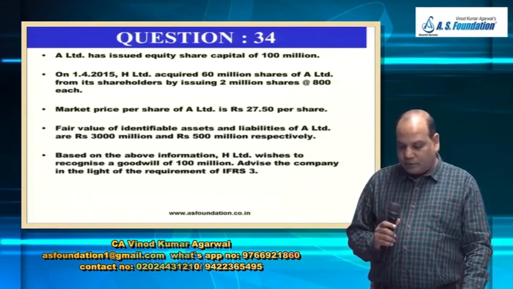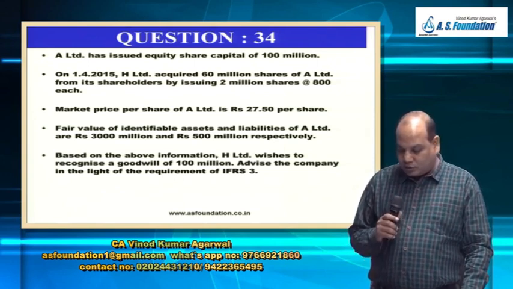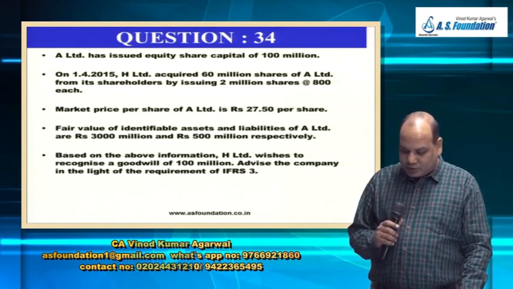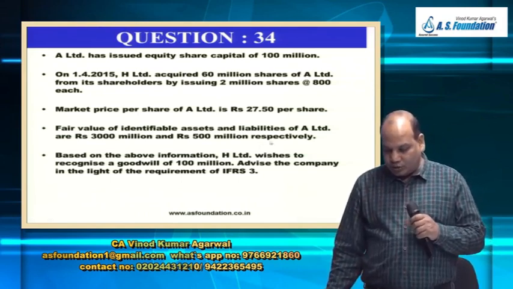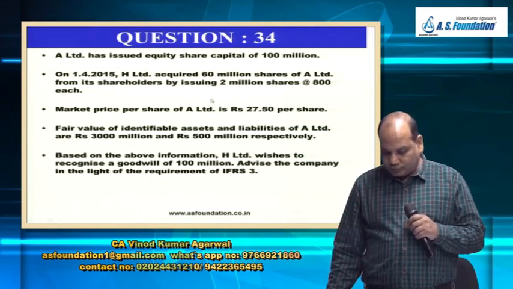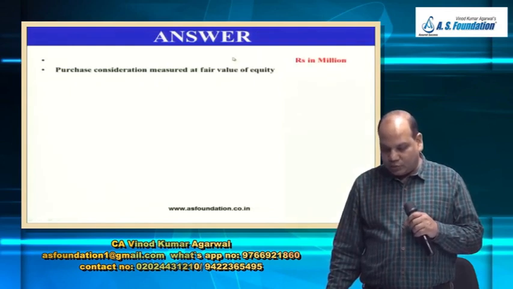Based on the above information, H Limited wishes to recognize a goodwill of 100 million. Advise the company. Now, they want to recognize a goodwill of 100 million. But do you agree? No. So you calculate yourself and suggest. So write down calculation of goodwill.